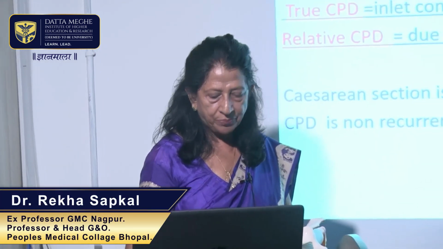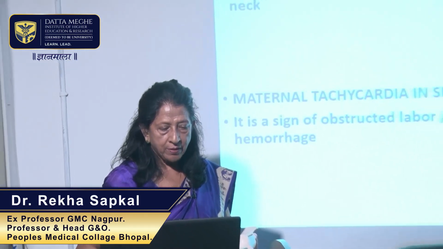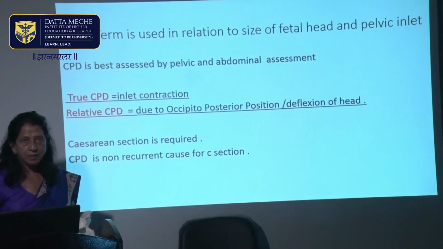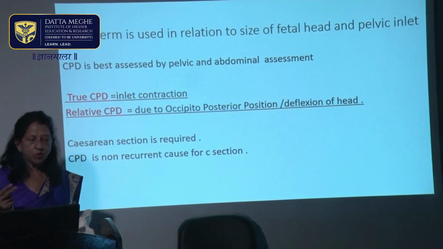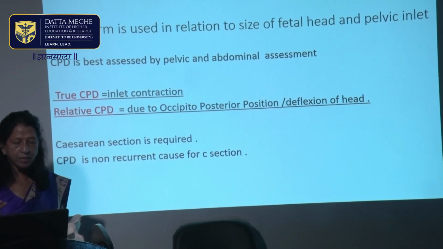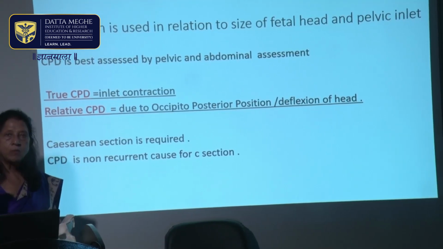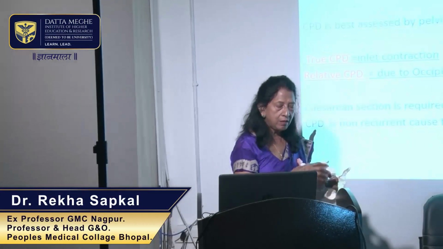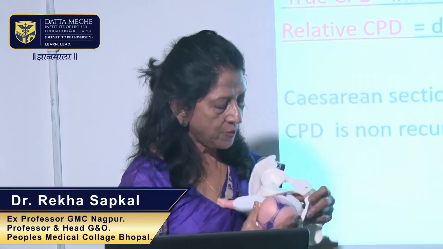Now, what is it? Cephalopelvic disproportion. How to assess it? It is by clinical method. There are two terms which are used, true CPD or inlet contraction, and relative CPD due to a problem in the head. The diameter of engagement is a little big, like occipito-posterior position.